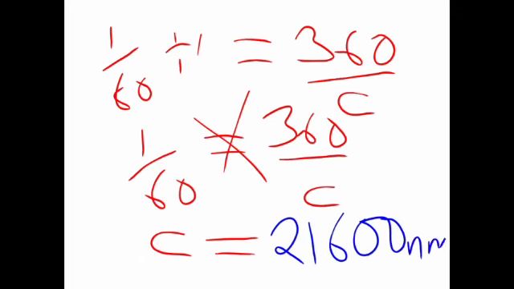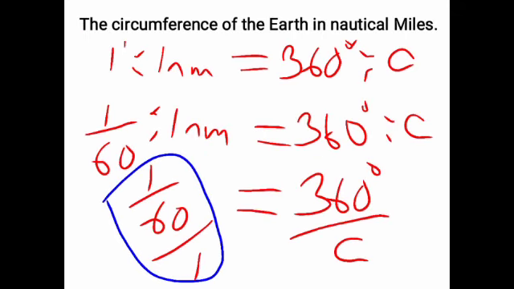So if in the exam you've been asked to show or prove that the circumference of Earth is 21,600, that is the calculation you can show to finding the circumference of the Earth in nautical miles.